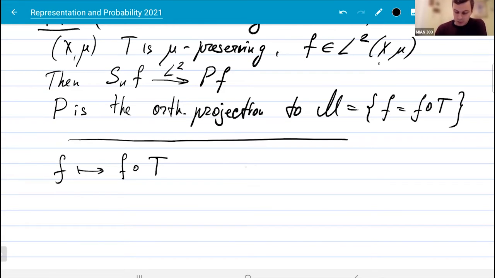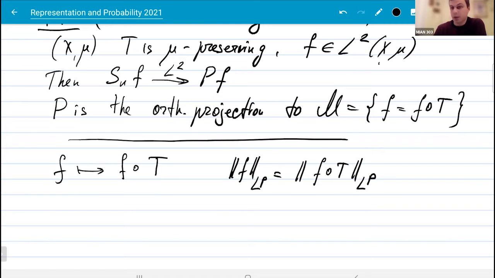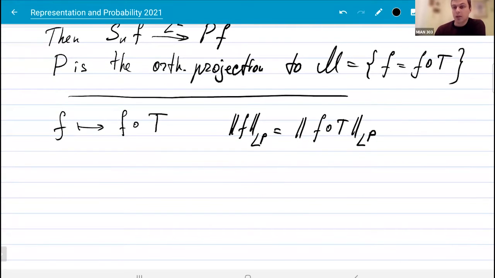So the norm of f in Lp equals the norm of f in composition with T in Lp, for any p. In fact, this is just a change of variables in the integral.